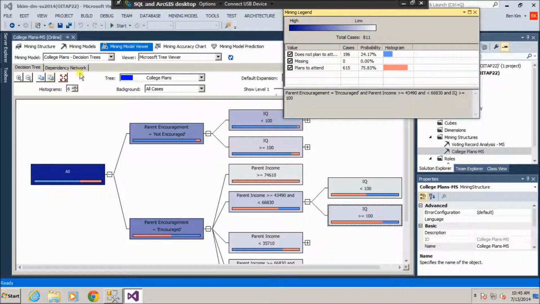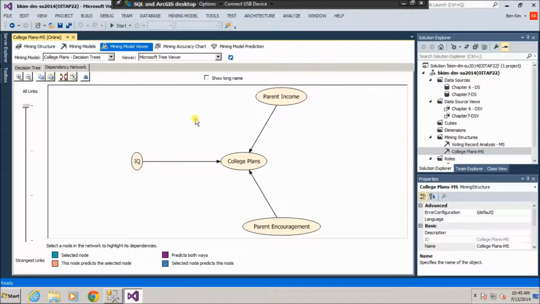Okay, let's look at a dependency network. Can you see that dependency network? This is just a graphical presentation of what they did in a decision tree. By just moving this lever, you can actually find which one is a more differentiating factor than others.